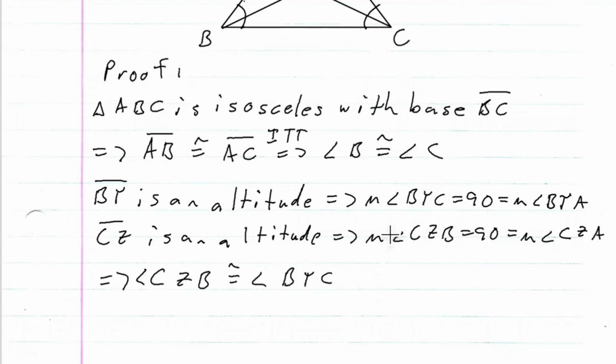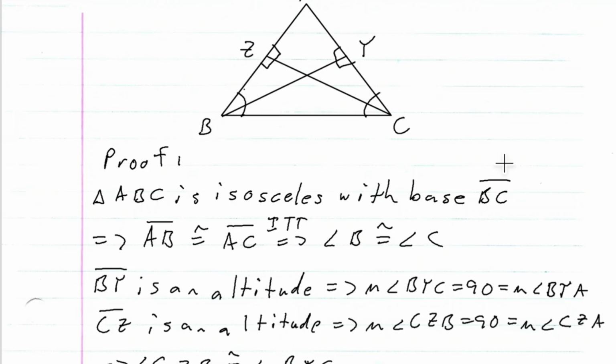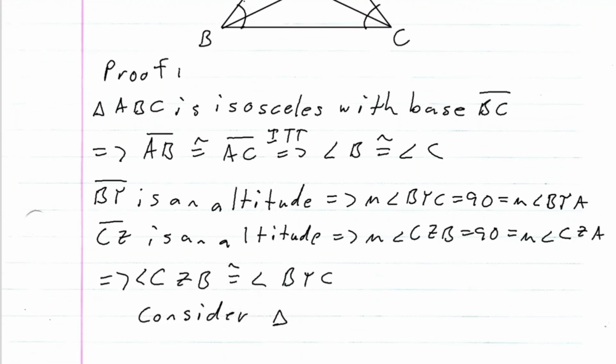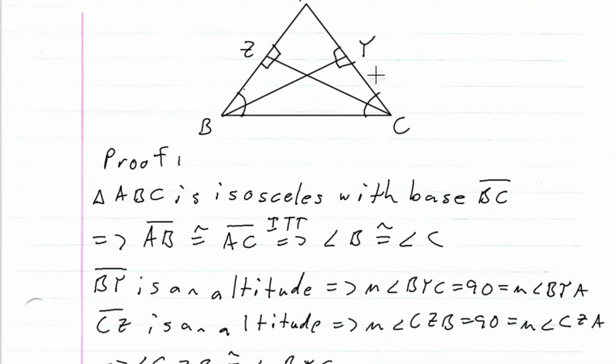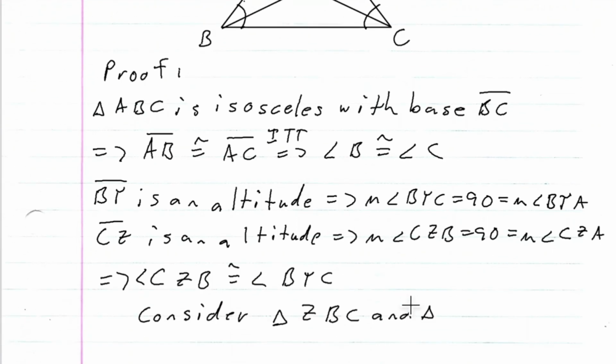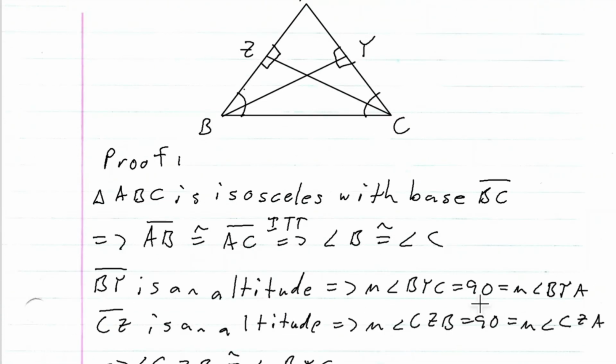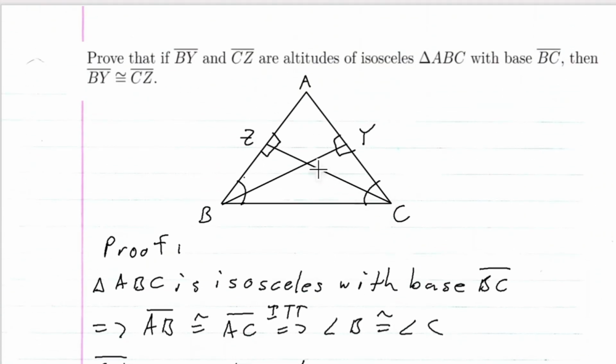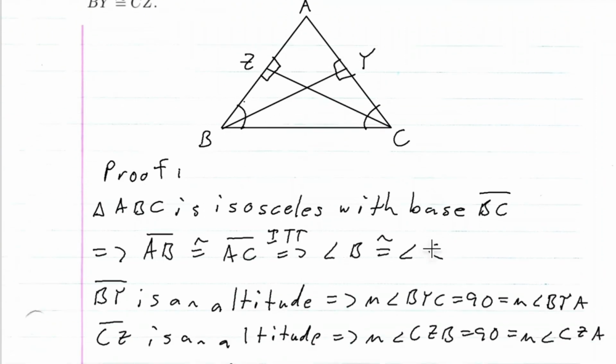So now we can go ahead and consider triangle ZBC and triangle YCB. So we know that CZB is congruent to BYC.